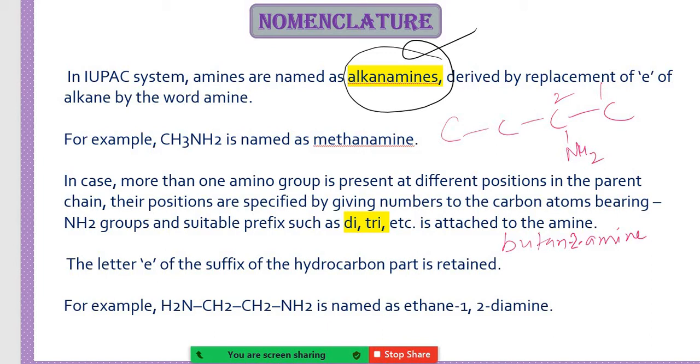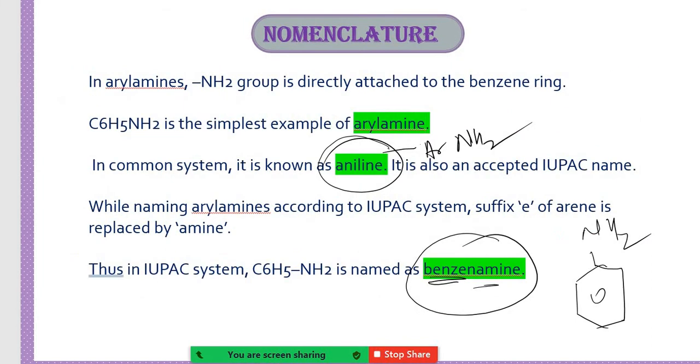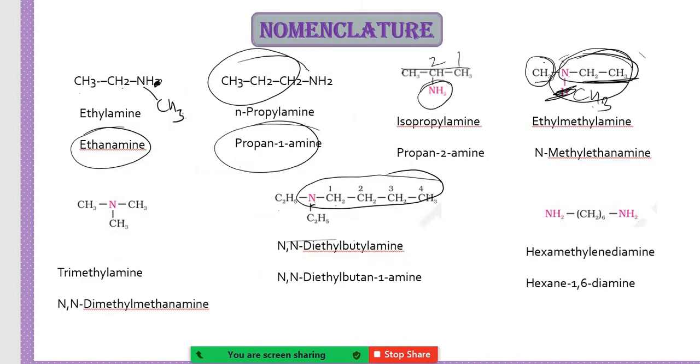So nomenclature of primary amine is quite easy, but when we have a secondary amine, we write N. Like if you see here, now see this one, this is N-ethyl methanamine.